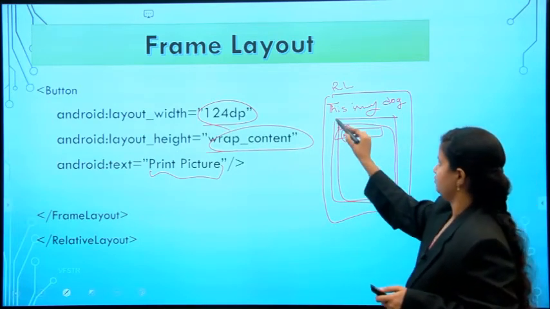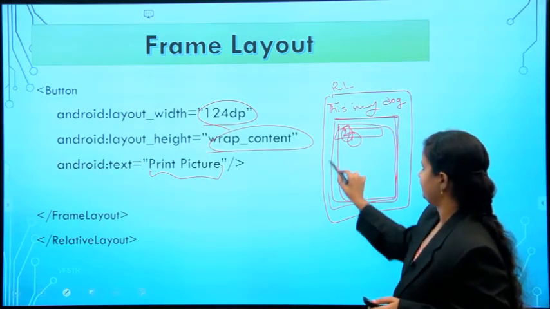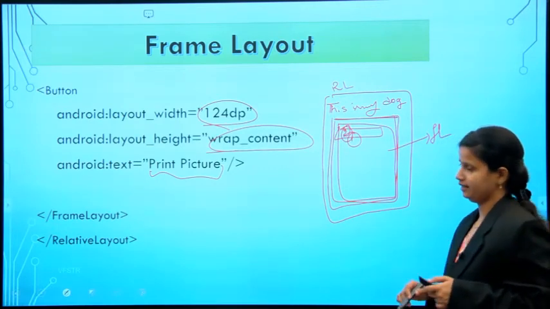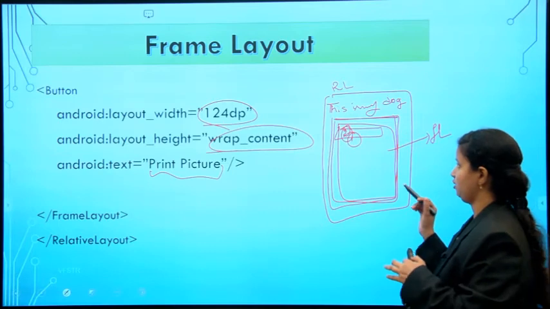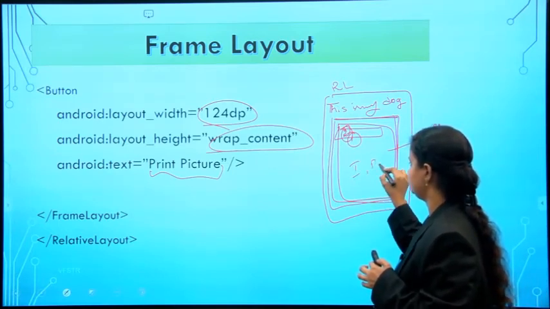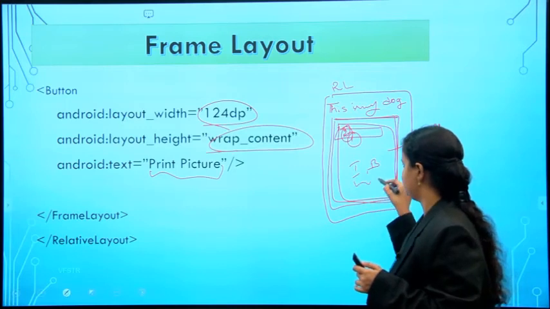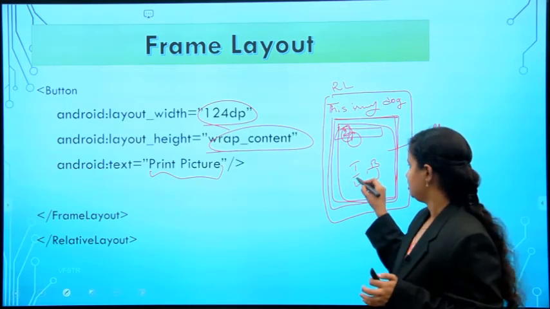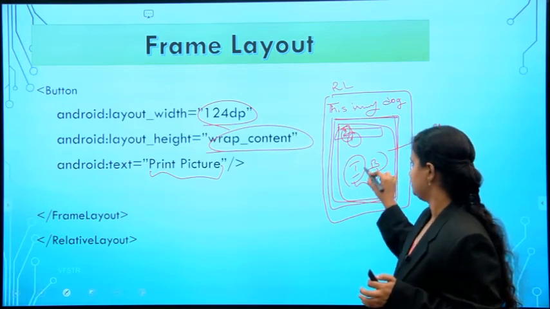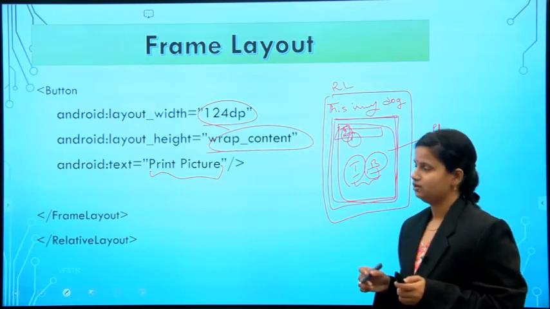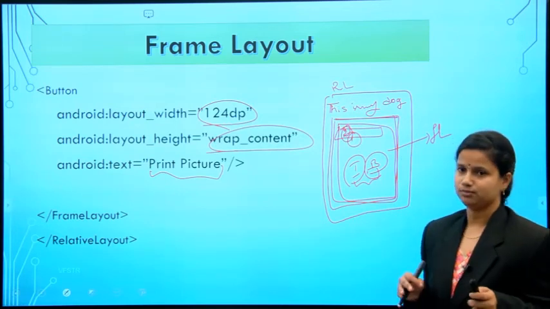After that, a part will be allocated to the frame layout. Within that frame layout, whatever we are adding, we are adding an image and a button. These two views will be allocated one by one in a layered format. The first layer is the image and the second layer, on top of the image, displays a button. So that is a frame layout.